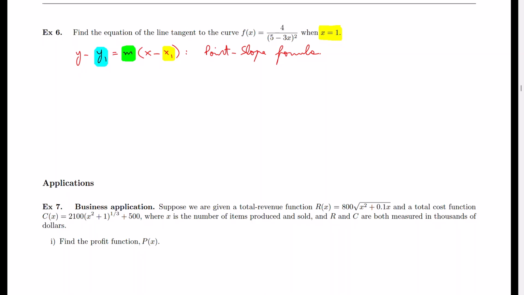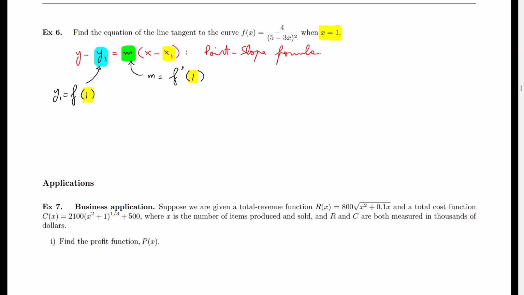Now, the important thing to remember is that to get m, you need to put the x1 into the derivative. So you put the 1 into the f prime, into the function's derivative. And the other important thing to remember is that to get y1, you put the x1 into the regular function, not the f prime.